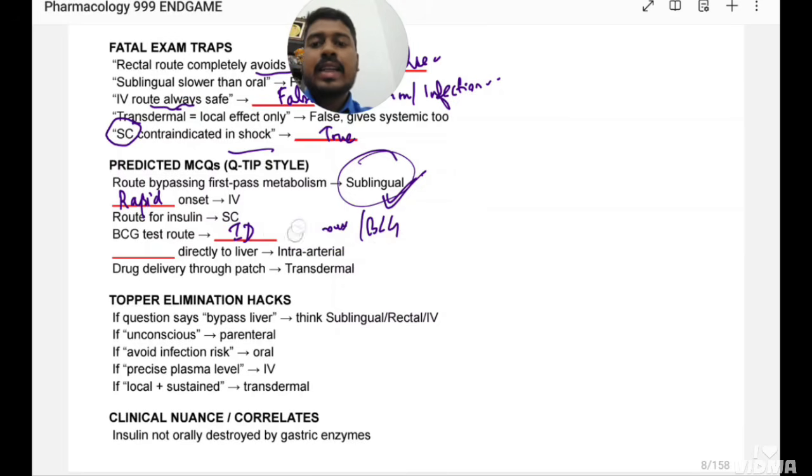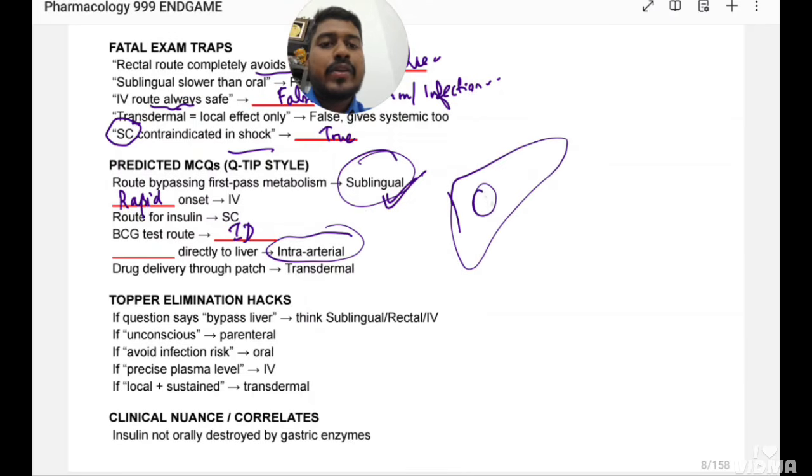Next, which route is directly given to the liver? What is this? Intra-arterial. See, what happens is in case of hepatic tumors, okay, liver tumors, these liver tumors are fed by the hepatic artery, okay, but normal liver cells will be supplied through the hepatic vein, okay. So if you give the drug through the intravenous route, what will happen is it will come through the venous route, no? So it will go only through hepatic veins. Normal cells will also be affected.